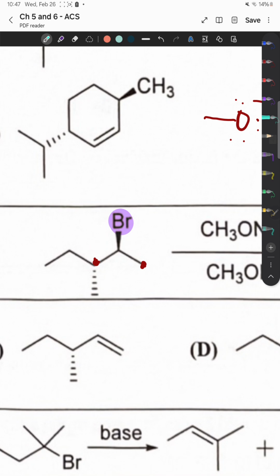But because this side is more stable, because it's more substituted, this will be gone, and it'll also pull off a hydrogen from here as well. So now a bond will be formed between the alpha carbon and the beta carbon here.